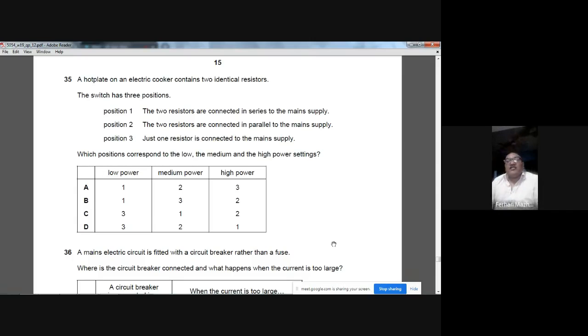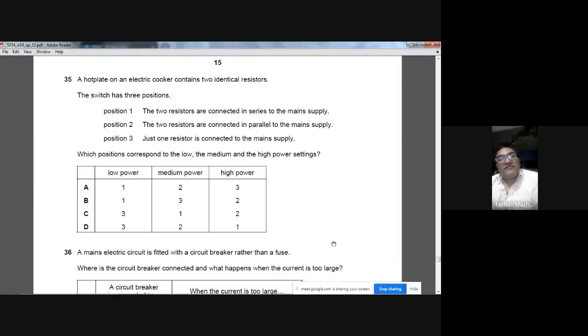So remember, the heat which is produced depends upon IV, and when you connect those resistors parallel to each other, they both will have the voltage of the battery, and because the total resistance will be less, the amount of I will be large.